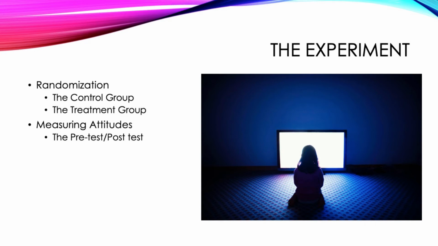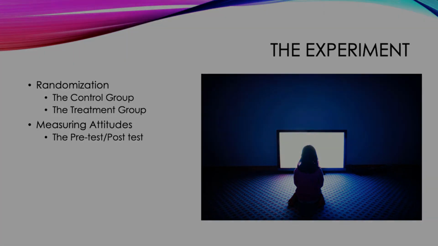So what's unique about an experimental survey is that we can put people in a lab. We can make sure that one group gets to watch the advertisement while another group does not. And then we can compare those differences with a survey that people take after exposure.